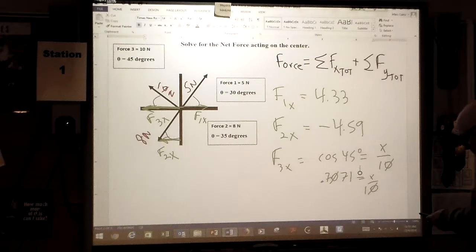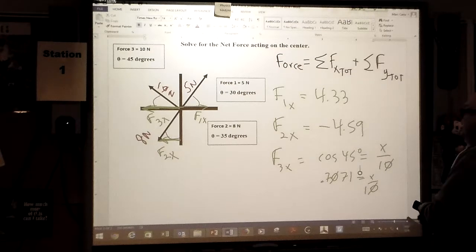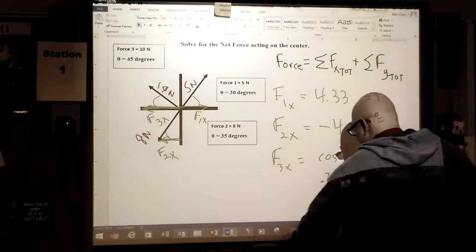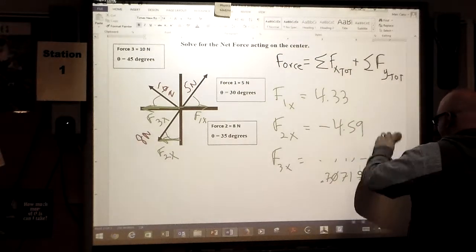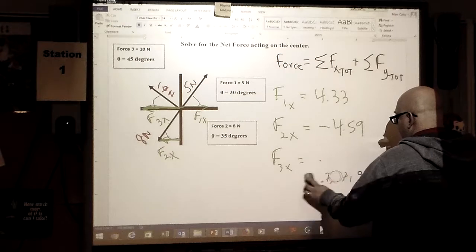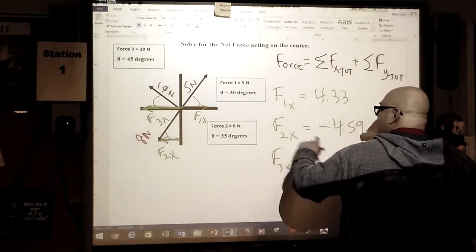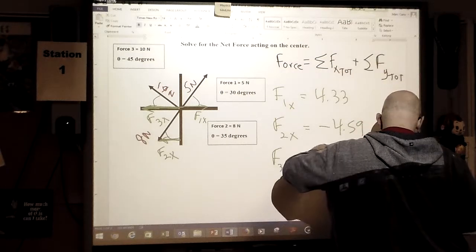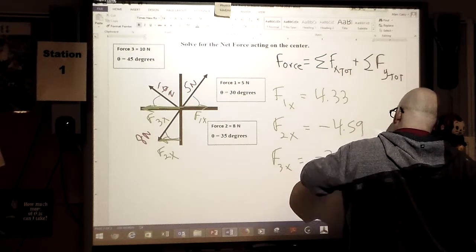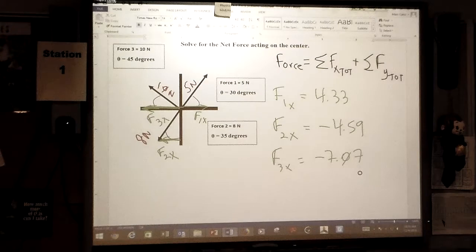So we multiply and walk away with 7.071. That's going to be negative as well, so negative 7.07. We're just going to go with that.